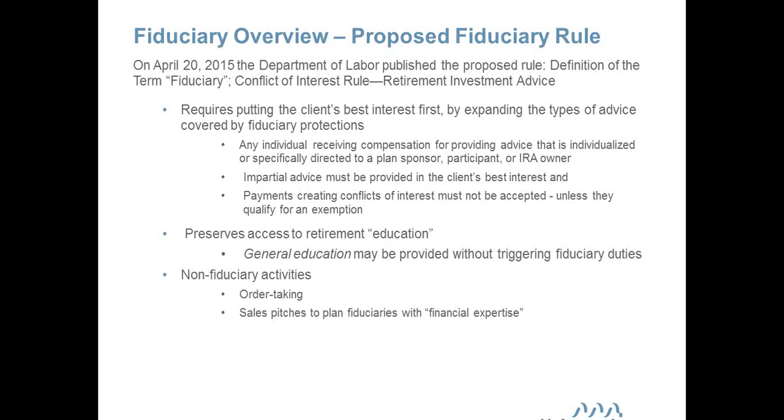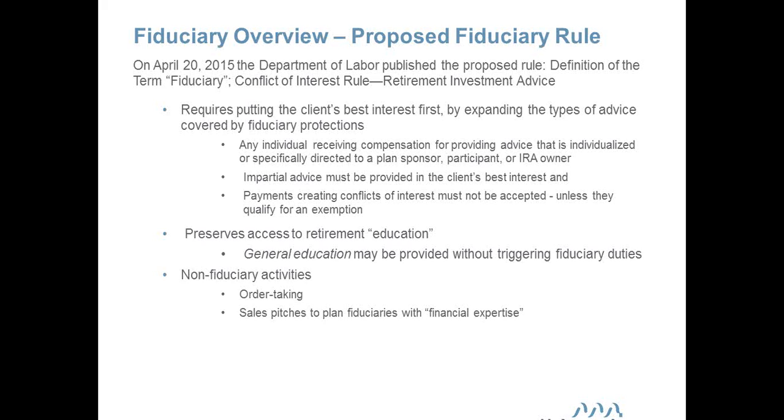This is a change that would cover not just your defined investment advisors, a registered investment advisor under the SEC or a state registered investment advisor. This would cover any individual who receives compensation for providing advice. And in a broader perspective, it also covers IRAs in the proposed rule.